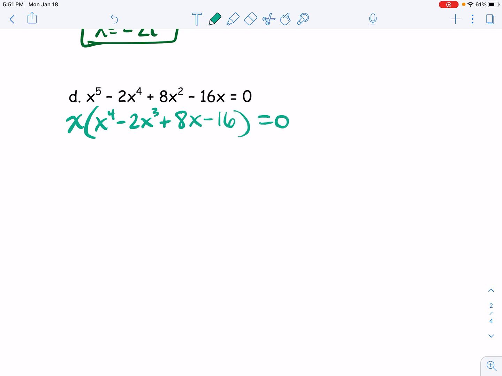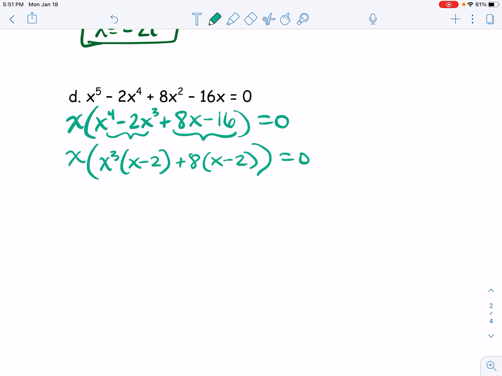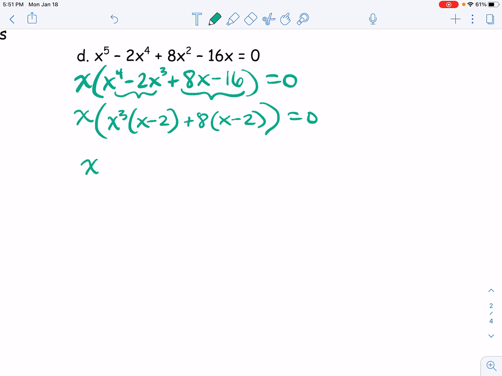And then looking at those four terms, factor by grouping. So first two terms would be x cubed, leaving me with x minus 2. Last two terms is a positive 8, leaving me with x minus 2. Sweet. So this means we have x times x cubed plus 8 times x minus 2 equals 0.